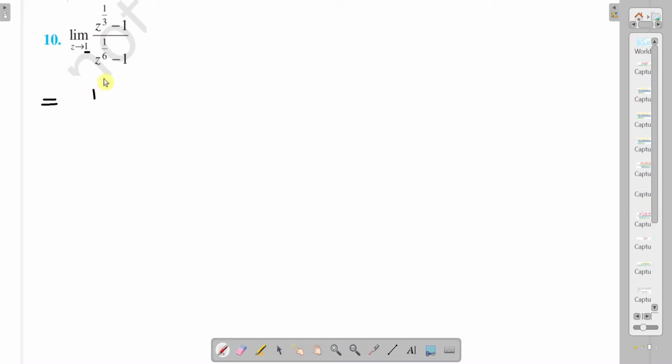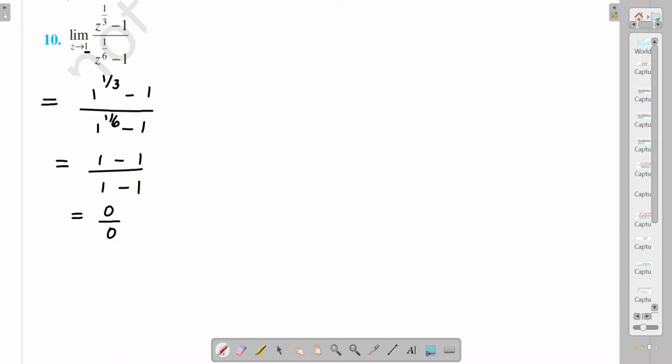So what you will get, 1 raised to 1 by 3 minus 1 divided by 1 raised to 1 by 6 minus 1. So that is nothing but 1 raised to 1 by 3 is 1 minus 1 divided by 1 raised to 1 by 6 is 1 minus 1. So 1 minus 1 is 0 divided by 1 minus 1 is 0.